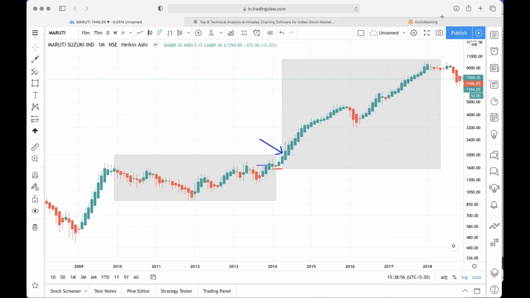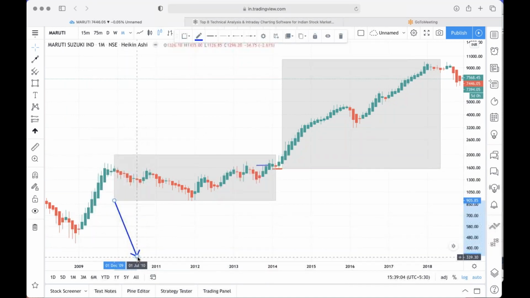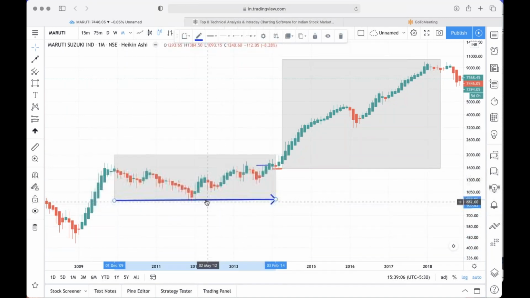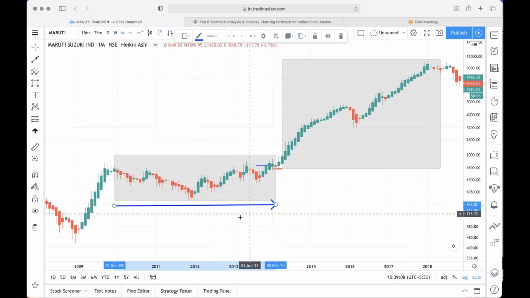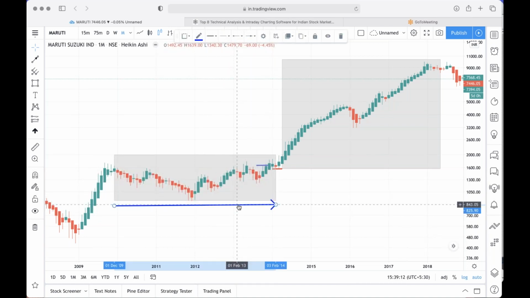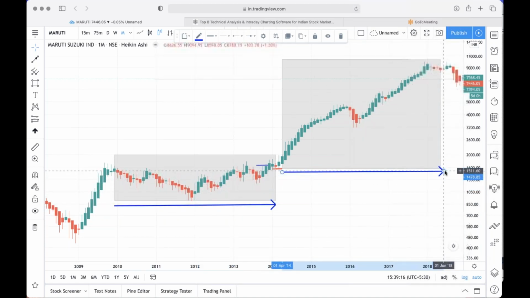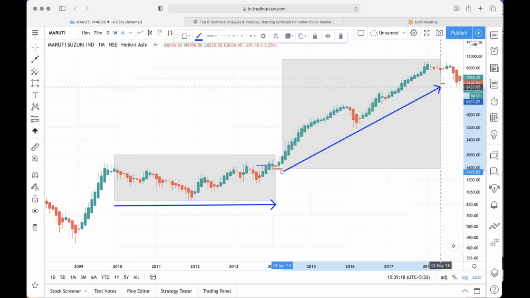So the primary observation that you would have found out very clearly is the 2009 to 2013 was a range bound market. It was a non-trending market. On the other hand, the next 4 years after staying non-trending was an exceptionally trending market.